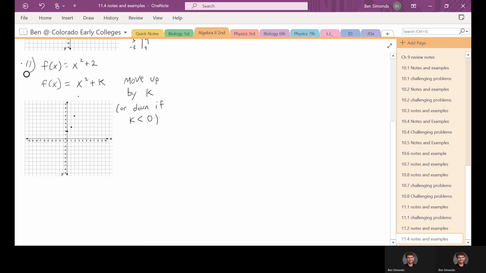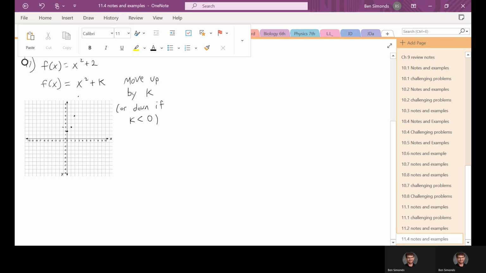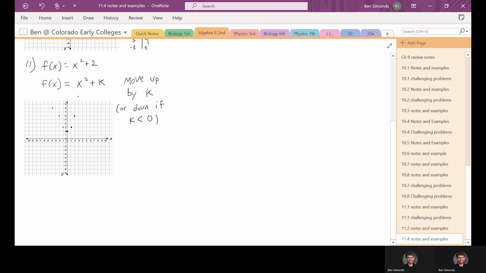just a little bit above that, something right around there. And then same thing on the other side, because it's a mirror image here. So negative 3, 11, and then we draw in our parabola shape. Just like that.